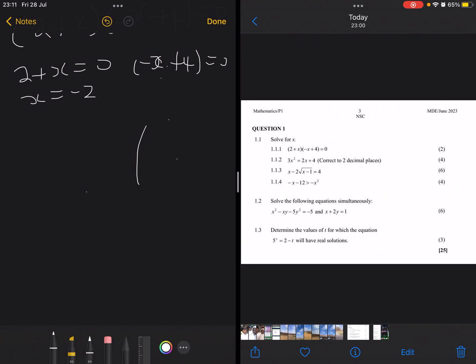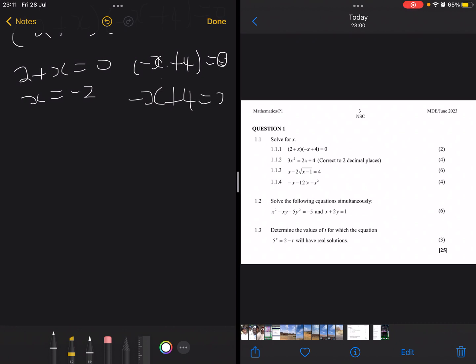Well, you can do it without the brackets. Just make sure my 0 is looking proper here. Then this is just minus x plus 4 is equals to 0.